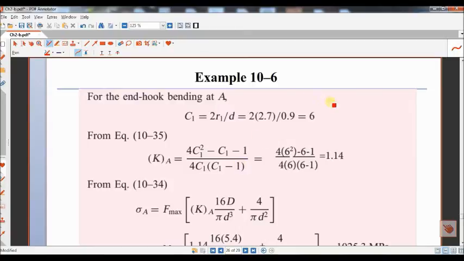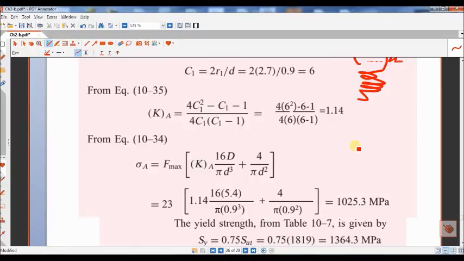As I mentioned earlier, another critical location is here at location A. So R1, the radius of this hook, should be substituted here to find C1, and then we will find Ka, the correction factor at location A, by using this equation, which is 1.14.